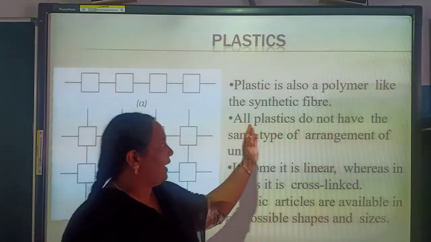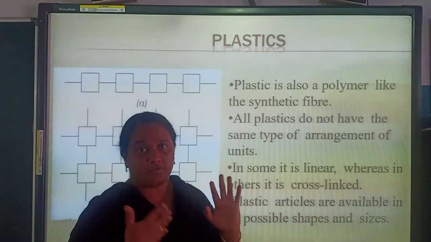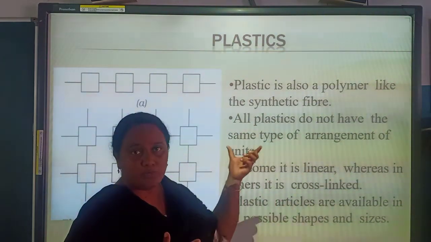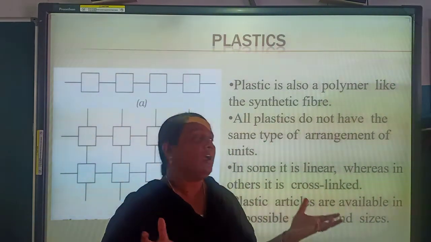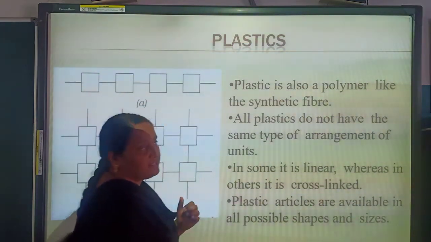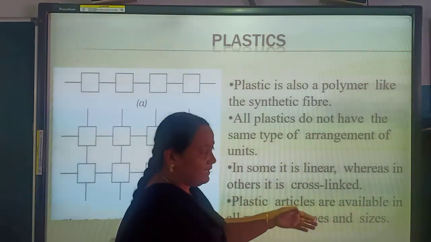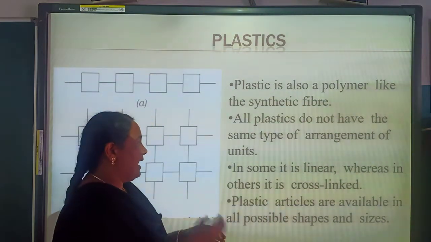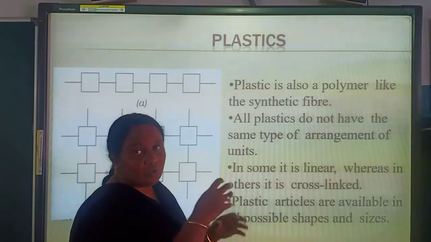All plastics do not have the same type of arrangement. Different plastics, like PVC and nylon, have different arrangements of these units. In some, the chains are connected linearly, whereas in others, they are connected crossly.